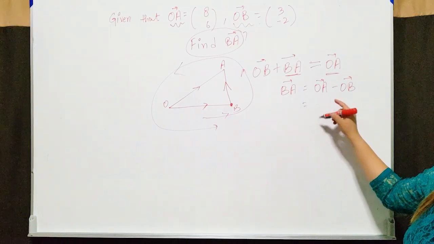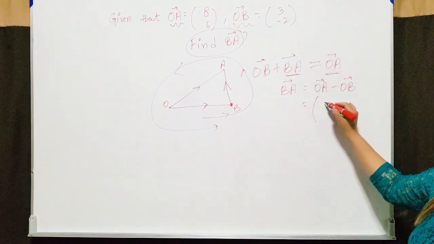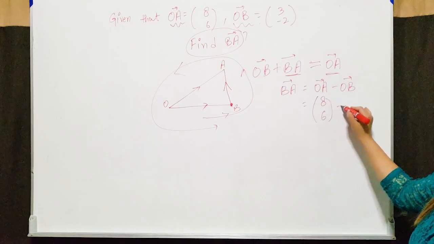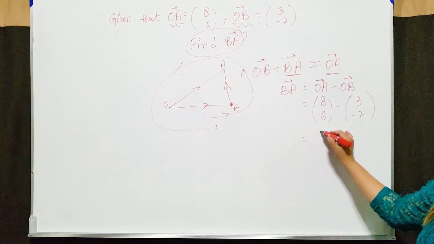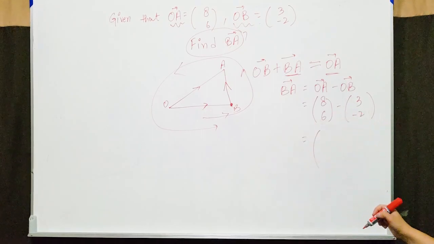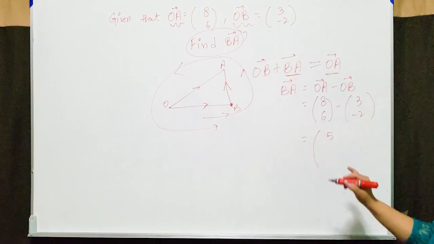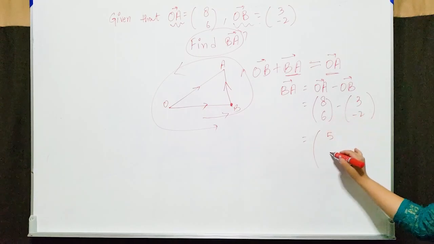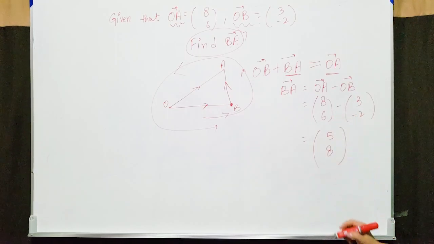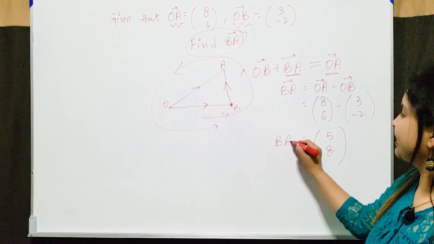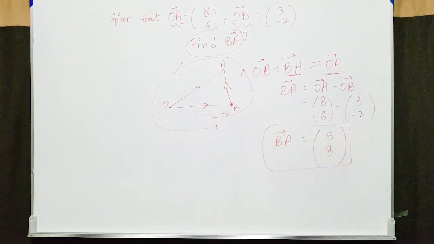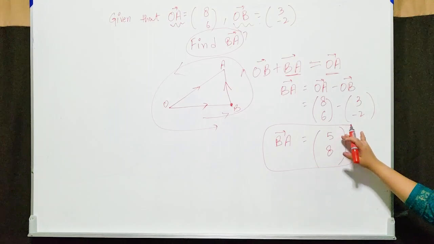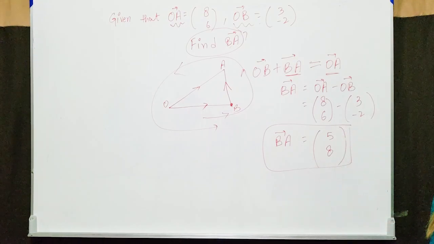Now, what is OA? As given in the question, OA is (8, 6) minus OB is (3, -2). Now, just subtract these two vectors. 8 minus 3 is 5. 6 minus minus 2 is 8. So, the value of vector BA is (5, 8). 5 is the x coordinate and 8 is the y coordinate.